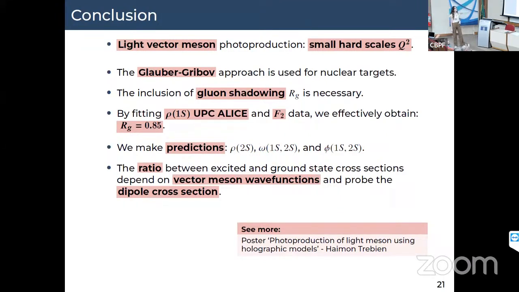We also made predictions for the ratio between the excited and ground state cross-section, because it depends on the vector meson wave function and can be a good probe for the dipole cross-section models.